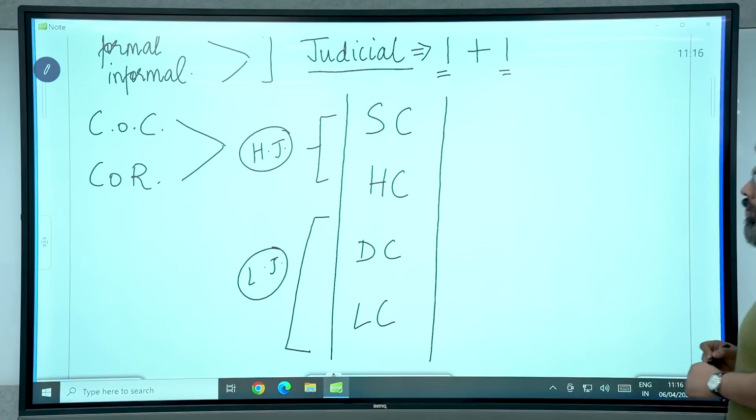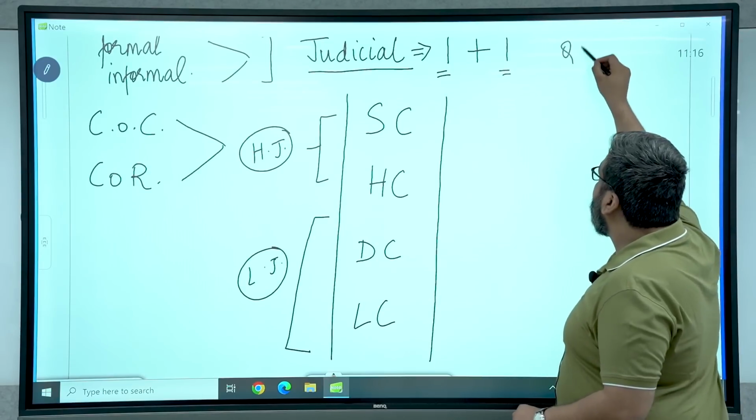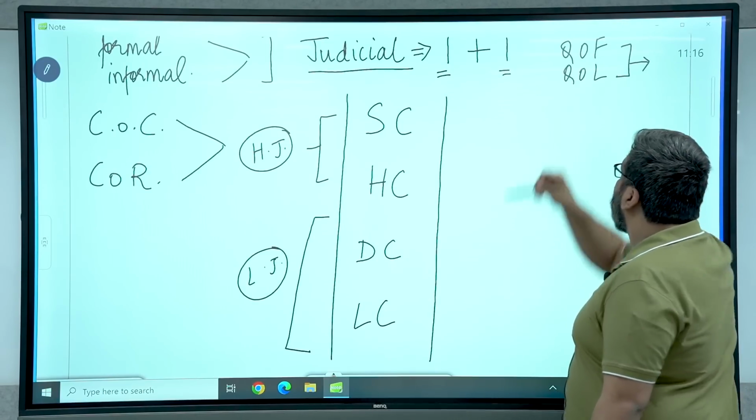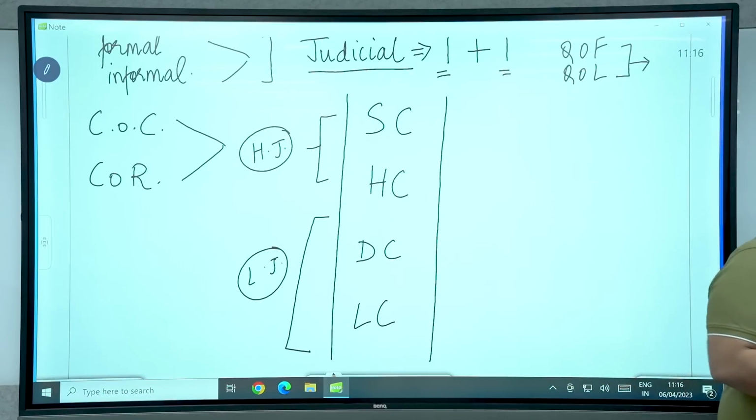To understand the court of record, we need to understand a question of fact and a question of law. A question of fact is whether something happened or not. A question of law is whether that incident violates the law in the first place or not. And a judicial body is traditionally any organization which is looking at answering both of these questions.